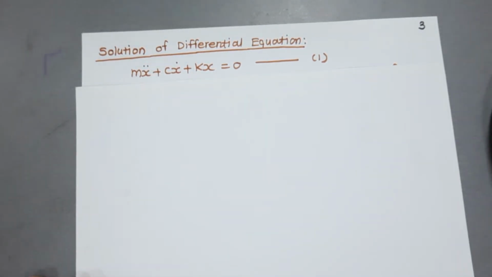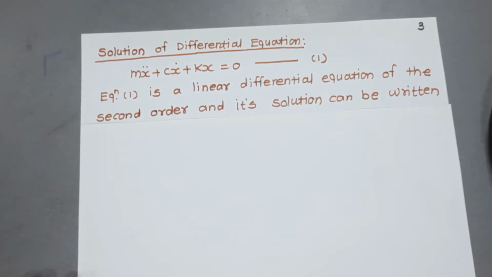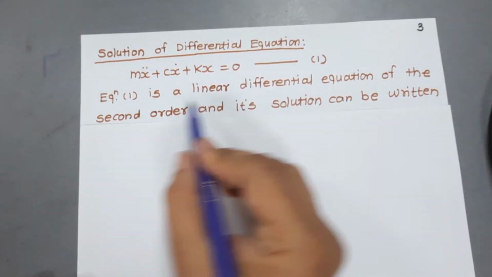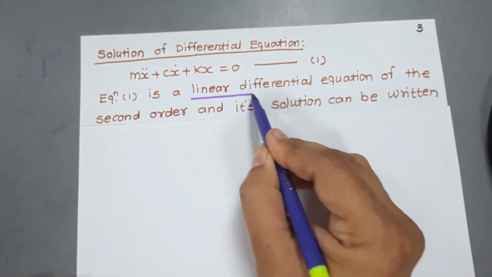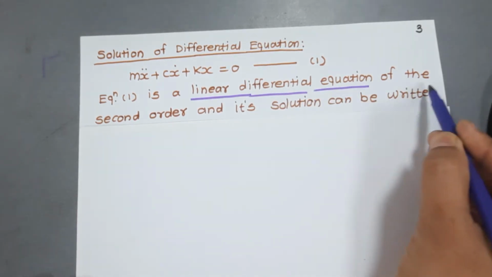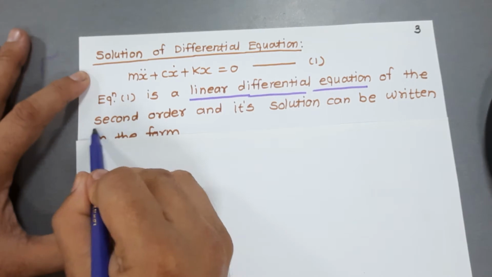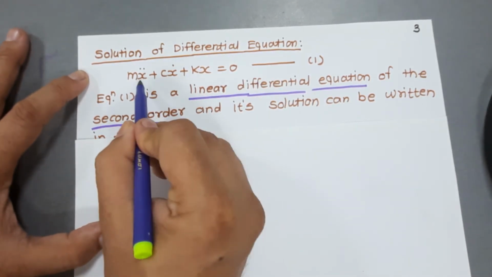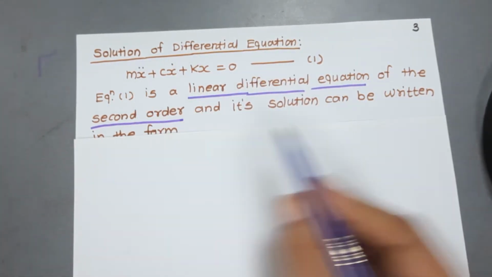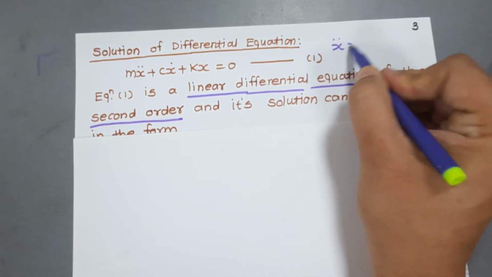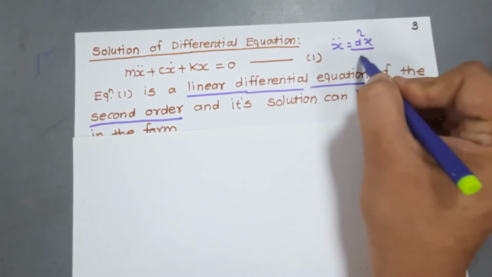This equation number 1 is a linear differential equation of the second order. Why second order? X double dot. How is x double dot written? d square x upon dt square.